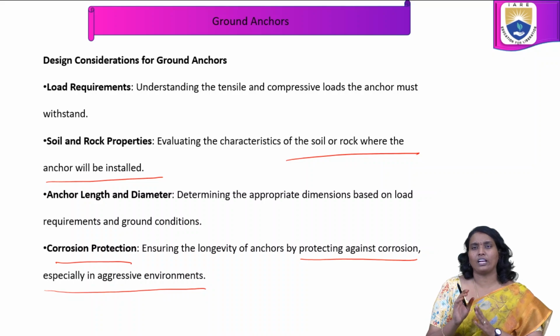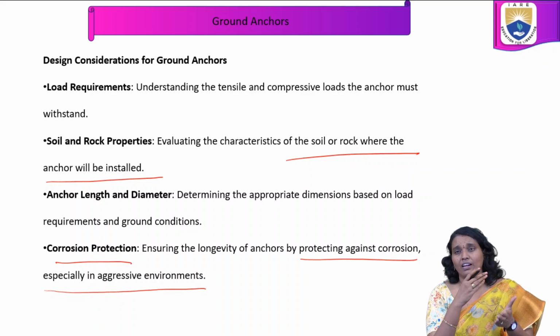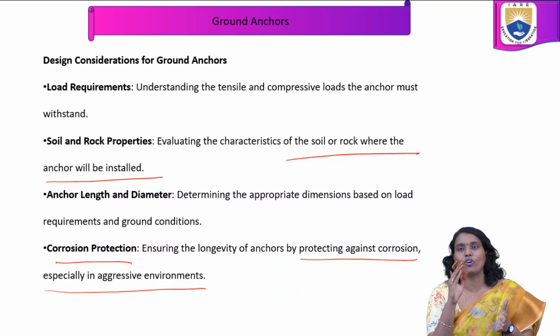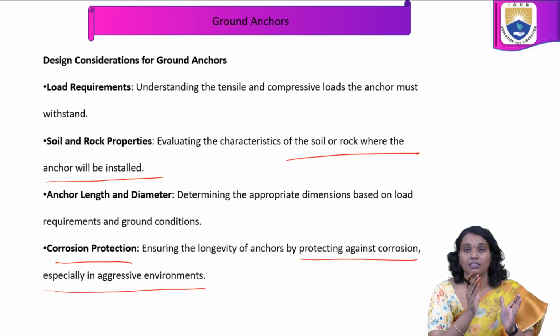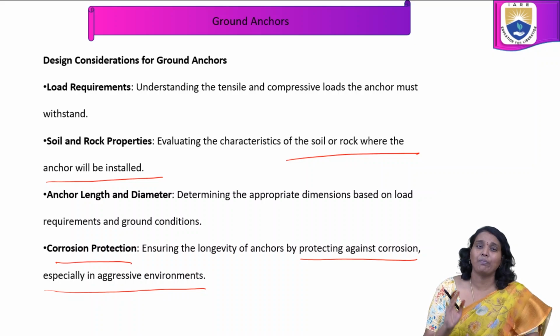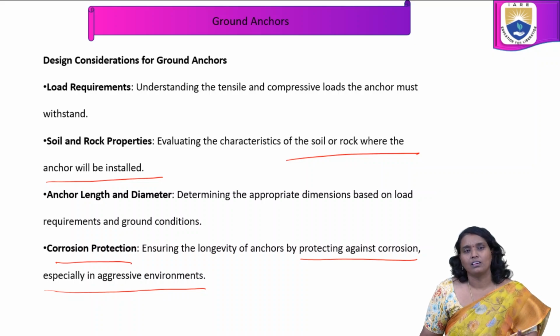Corrosion protection matters in hilly regions where landslides occur and the soil is very loose. Rainfall, floods and other environmental conditions affect the anchors. In such aggressive environments, we choose ground anchors based on corrosion protection and the type of environment, and we also consider the materials.